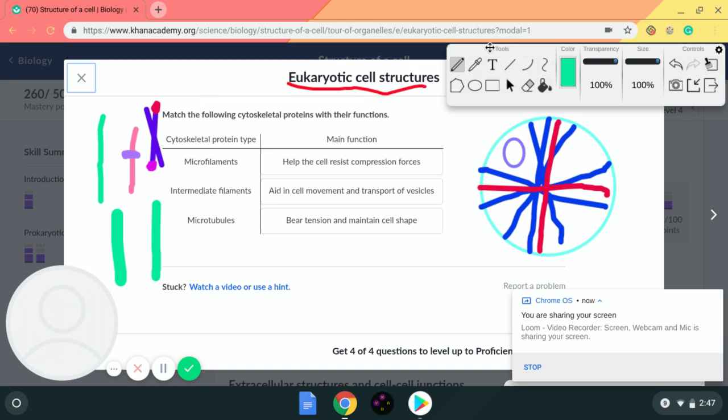Now, microtubules are very similar to microfilaments, and they do help a cell move as well. But they also have another job, which is to help the cell resist compression, meaning that it's kind of like a spring.